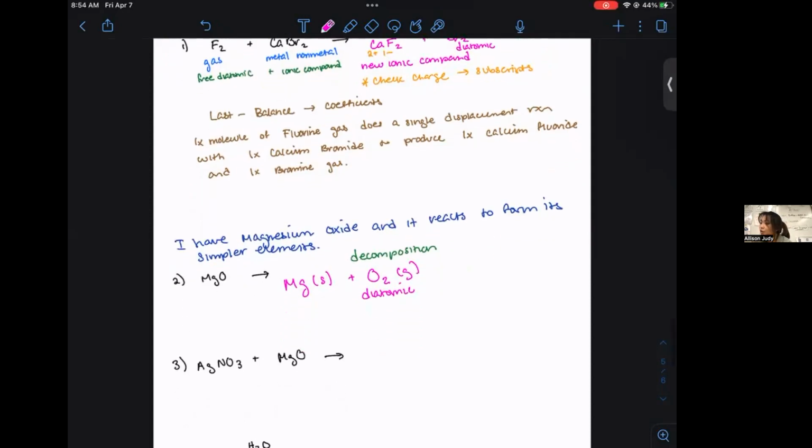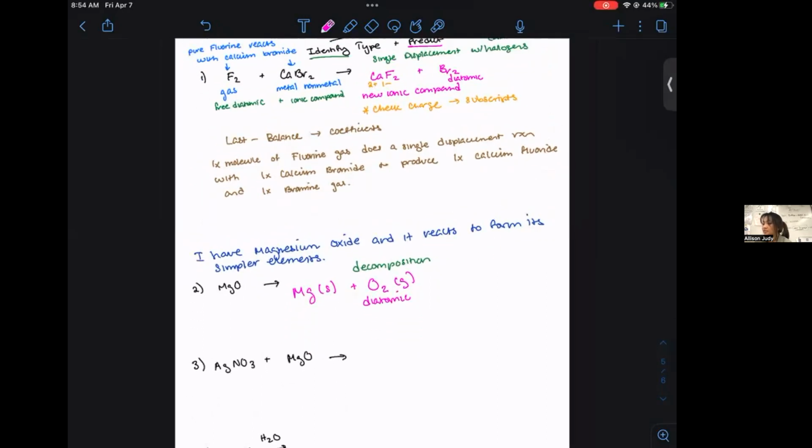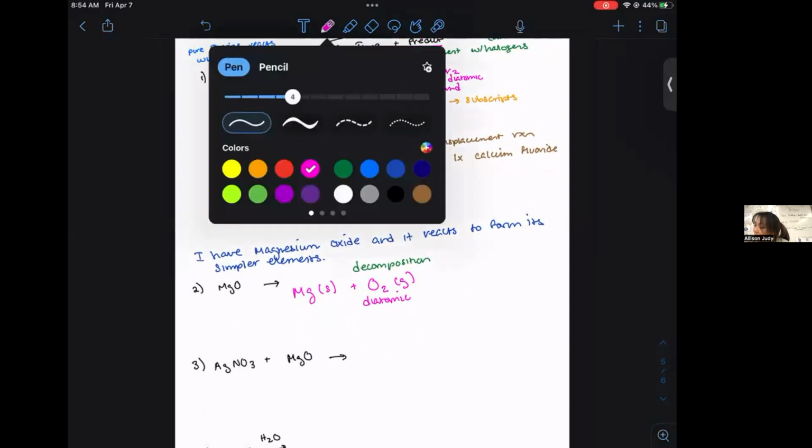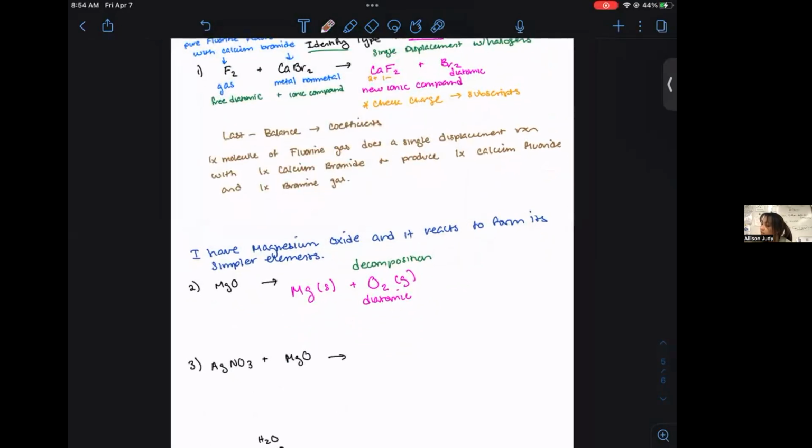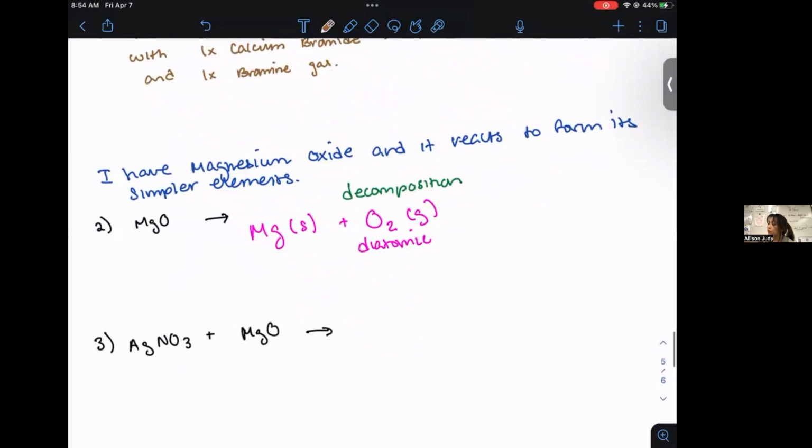Okay, so now I balance it. For balancing, I'm going to have to say, okay, I have 1 magnesium and 2 oxygens on the product, but I have 1 magnesium and 1 oxygen on the reactant. So I'm going to put a 2 in front and a 2 in front, and I get my balanced reaction.